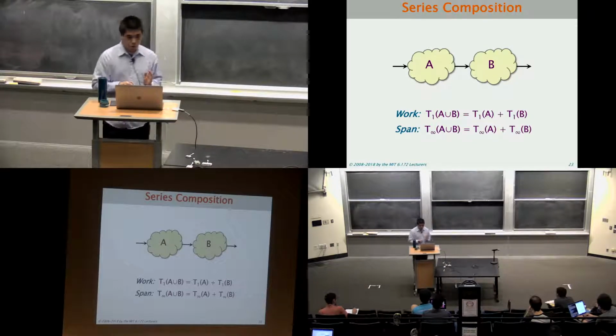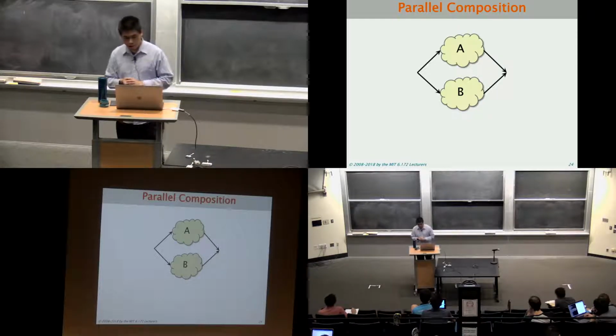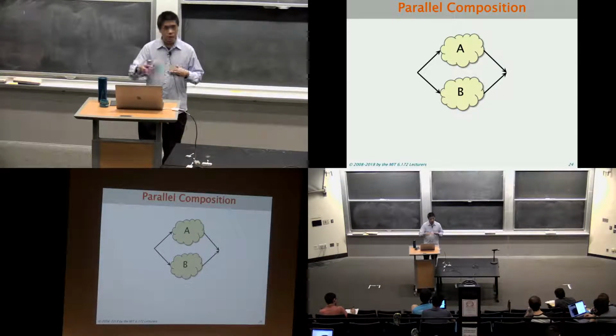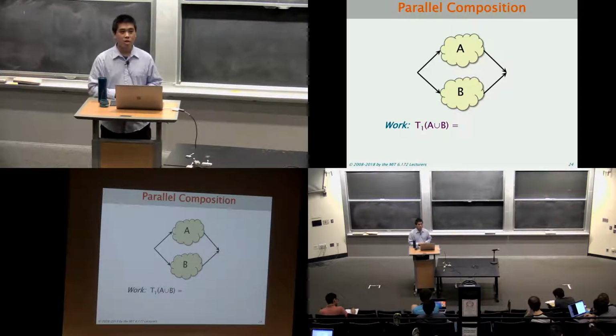So this is series composition. What if I do parallel composition? Let's say here I'm executing the two computations in parallel. What's the work of A union B?